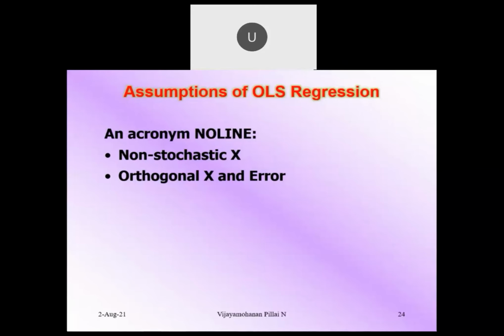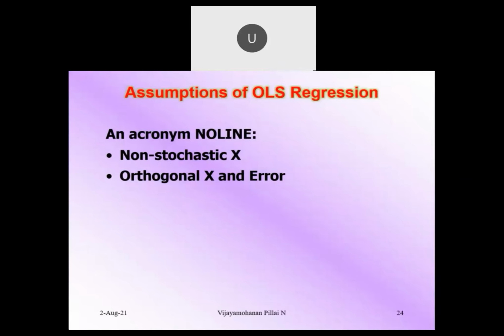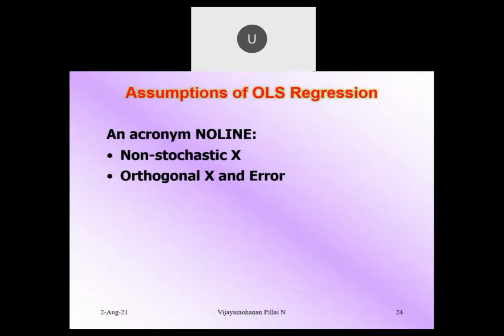We know homo means the same or constant, and scedasticity is the Greek term for variance. So instead of variance, sometimes we say scedasticity. If we have a variance function, then we also say that we have a scedasticity function. So homoscedasticity means constant variance.